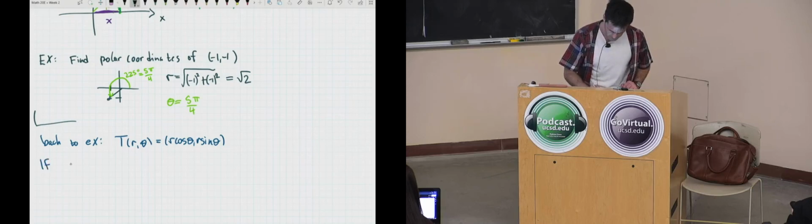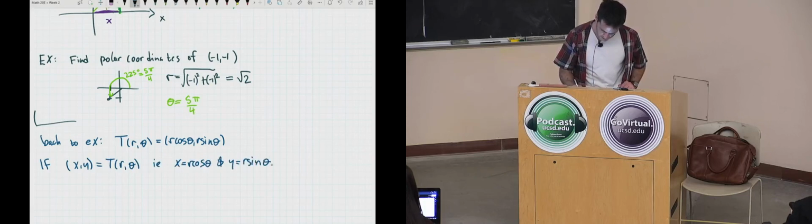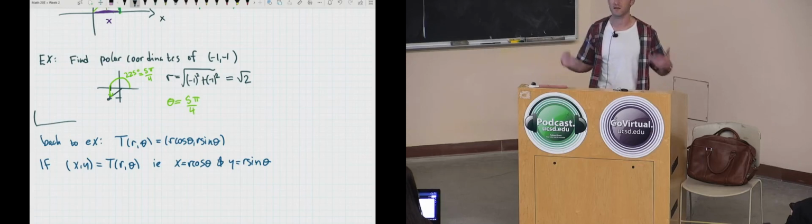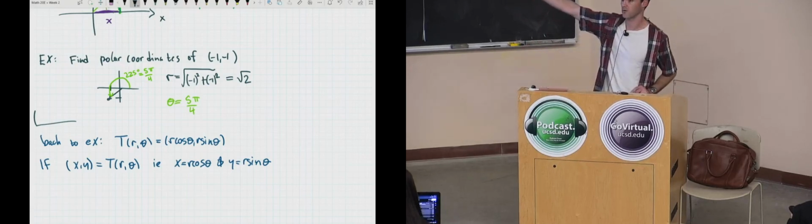If some point x, y in the range of T is equal to T of r and theta, i.e. x is r cos theta and y is r sine theta, then r and theta are exactly the polar coordinates that I just reviewed for you.